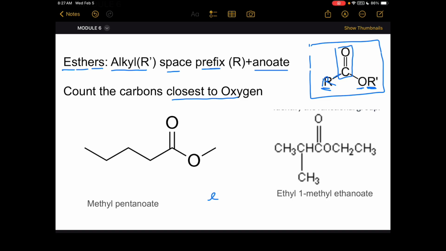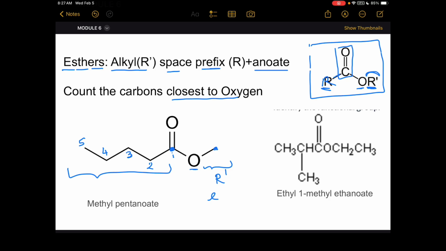So let's name this one. So my carbonyl carbon is here. So I'm going to start numbering from here. 1, 2, 3, 4, 5. Okay. So I have 1 group on this side and I have 1 carbon on this side. So the carbon group or the alkyl group that's attached to the O is considered R prime, right?